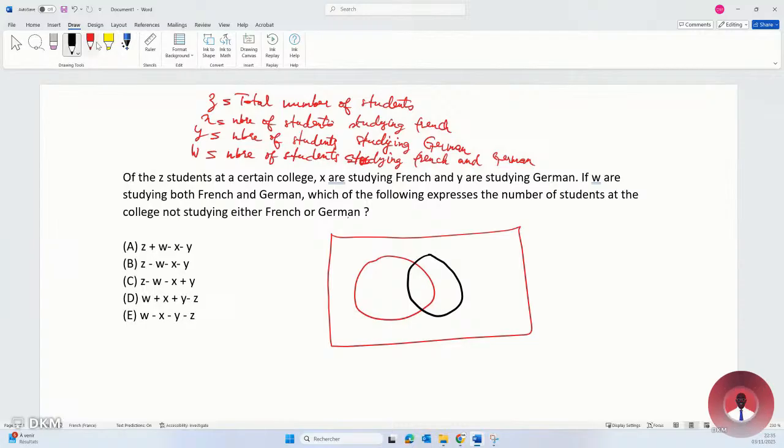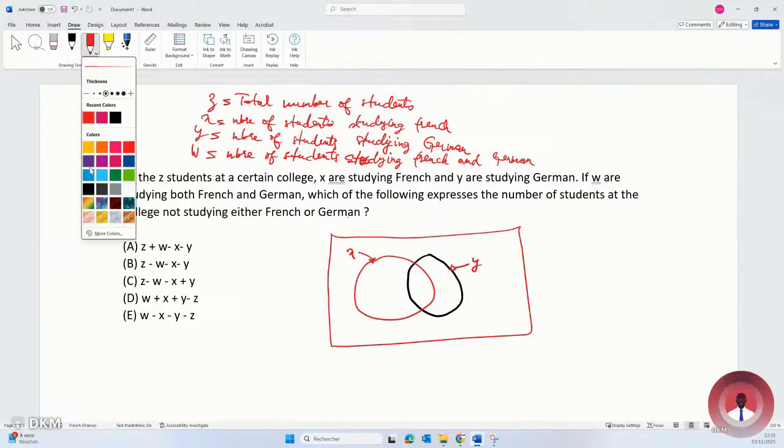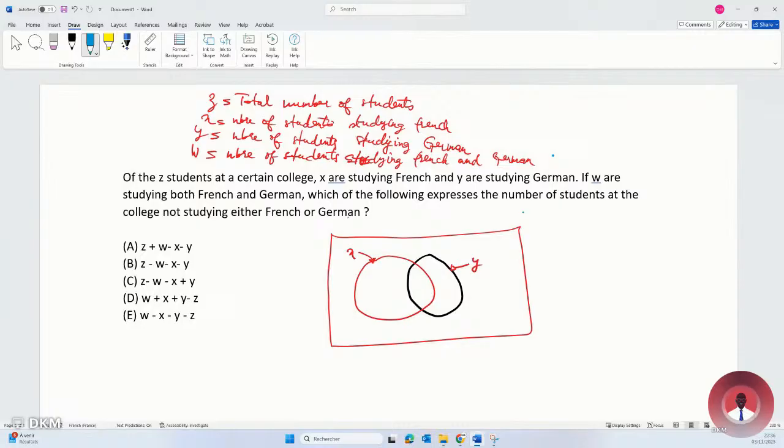The first red here, this is representing, let's say, X. The black circle here is representing Y. And then in the middle here, let me change the color, use this color blue. This middle here is the intersection between X and Y, which is W.